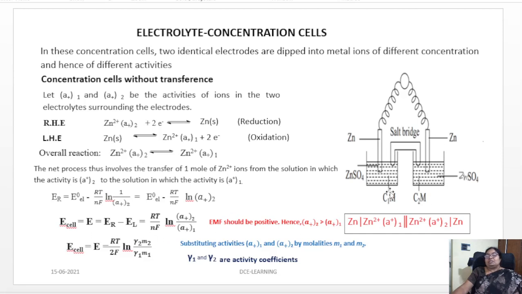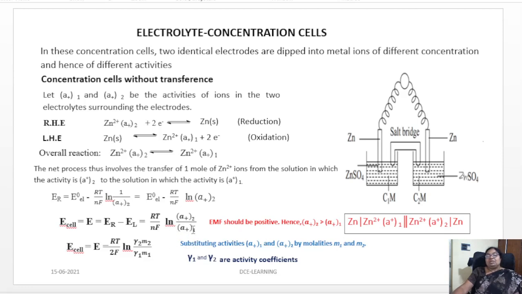So the overall cell EMF is equal to ER minus EL, because of the oxidation and reduction. Therefore it is equal to RT by nF ln of A2 by A1, because the concentration of A2 is greater than A1, so it is reduction over oxidation. Otherwise, if A1 is greater than A2, then it will be A1 divided by A2.